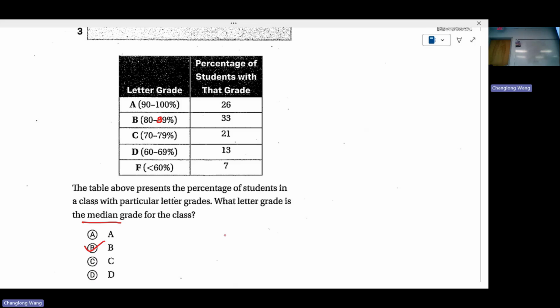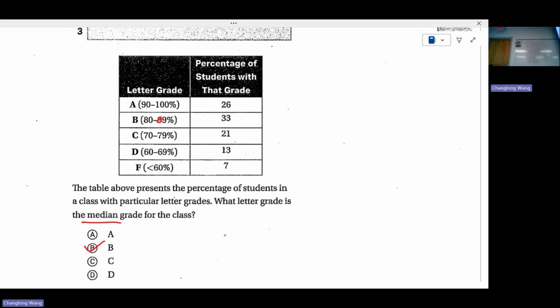Even though they say percentage, we can think about, let's say, 100 students. If you go from low to high and add up these numbers of students, they add up to 41. 41 students are getting from F to C.